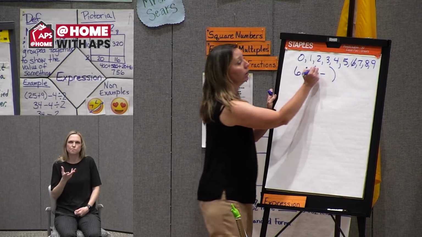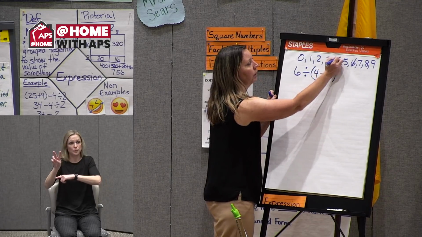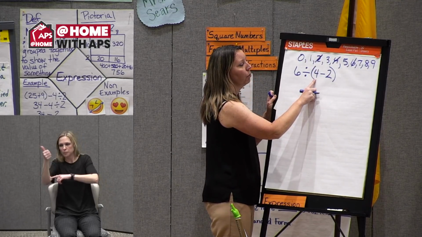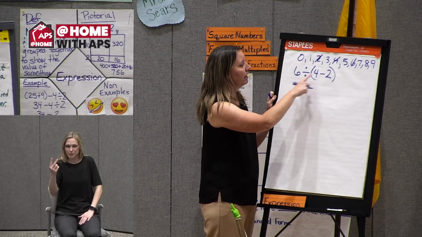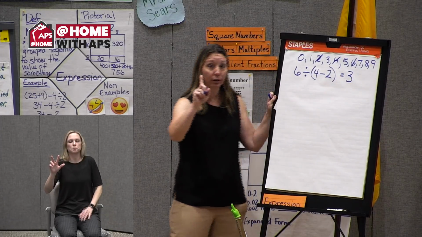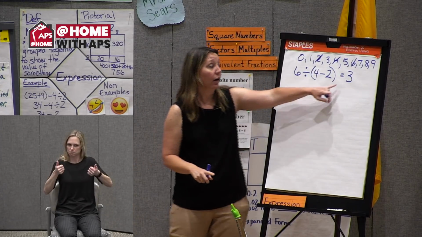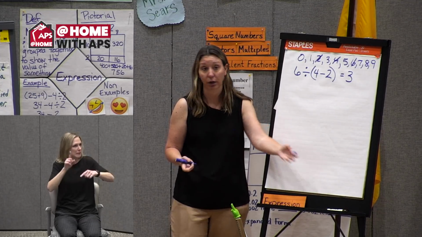If I did 4 minus 2, so take away 4 and 2. 4 minus 2 is 2. 6 divided by 2 is 3. All right, so far we got it. But now the rest of my answers can't be 3. That's where our little issue comes up.